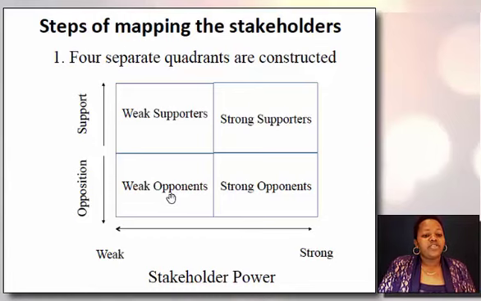For this kind of stakeholders, we can deal with them in order to make them support our proposal and get their support in implementing it. And the fourth quadrant is strong opponents. These are the opponents who have high power in opposing our proposal.